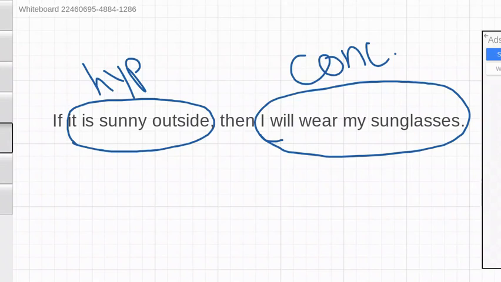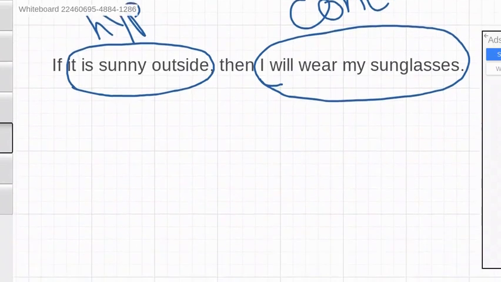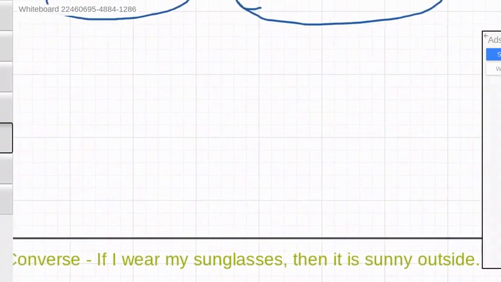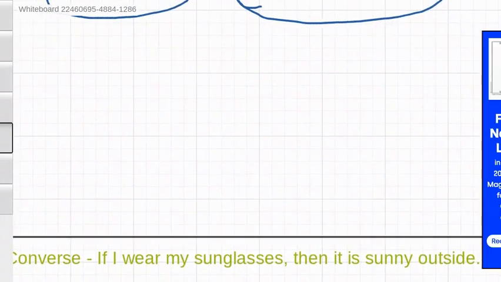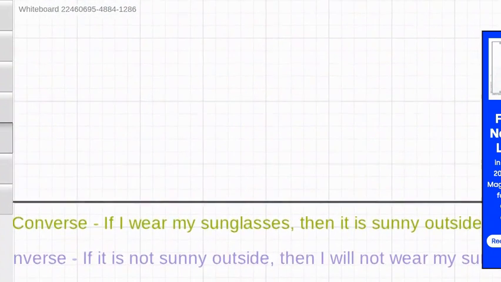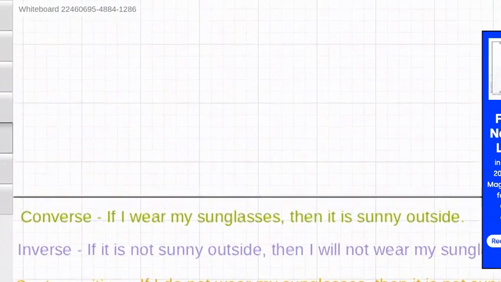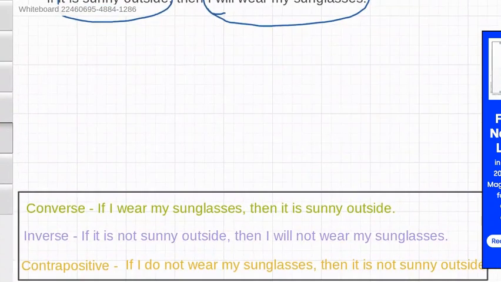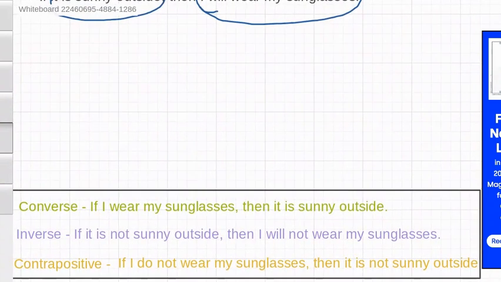So converse would be, if I wear my sunglasses, then it is sunny outside. Inverse, we would negate them, so we would do, if it is not sunny outside, then I will not wear my sunglasses. And contrapositive would be, if I do not wear my sunglasses, then it is not sunny outside.